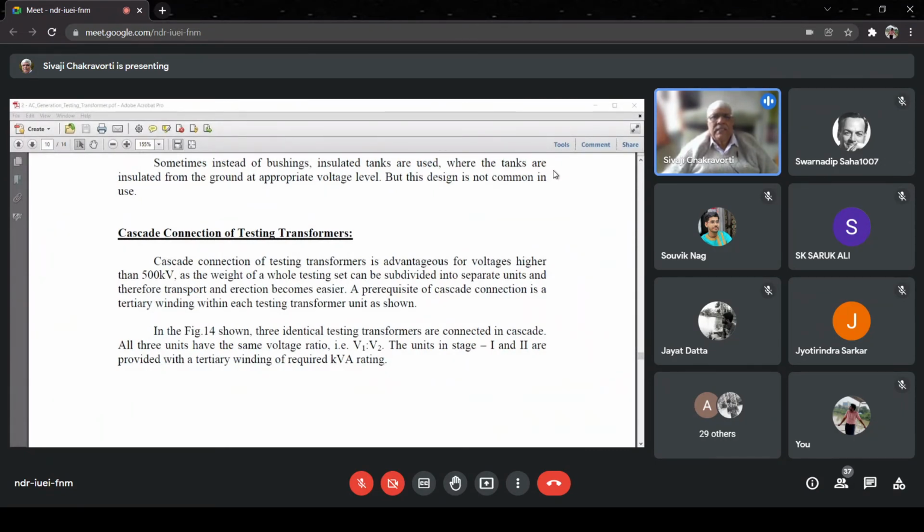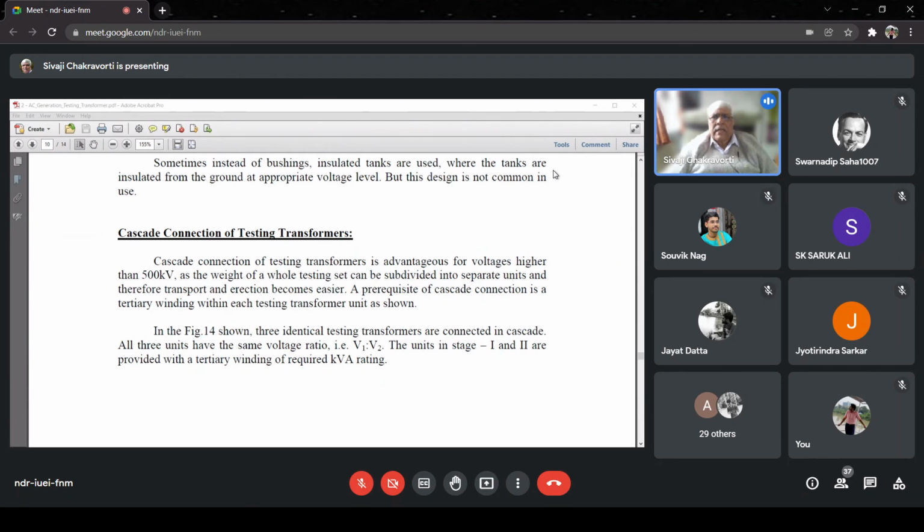Next thing is, when you are working with such high voltage components, there are questions of the clearances. That means clearance from the wall, clearance from the roof, because if there is not enough clearance, you will have problems.